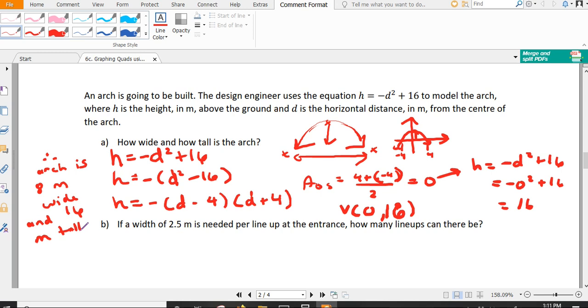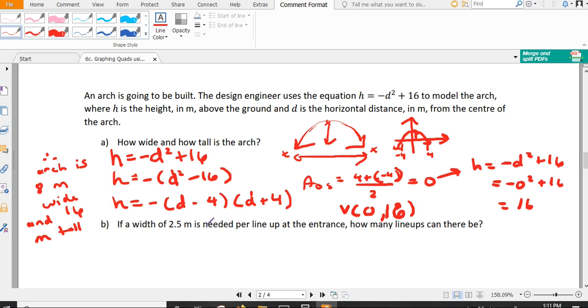Okay. Part B. If a width of 2.5 meters is needed per lineup at the entrance, how many lineups can there be? So we know that the width is going to be 8 meters, right?